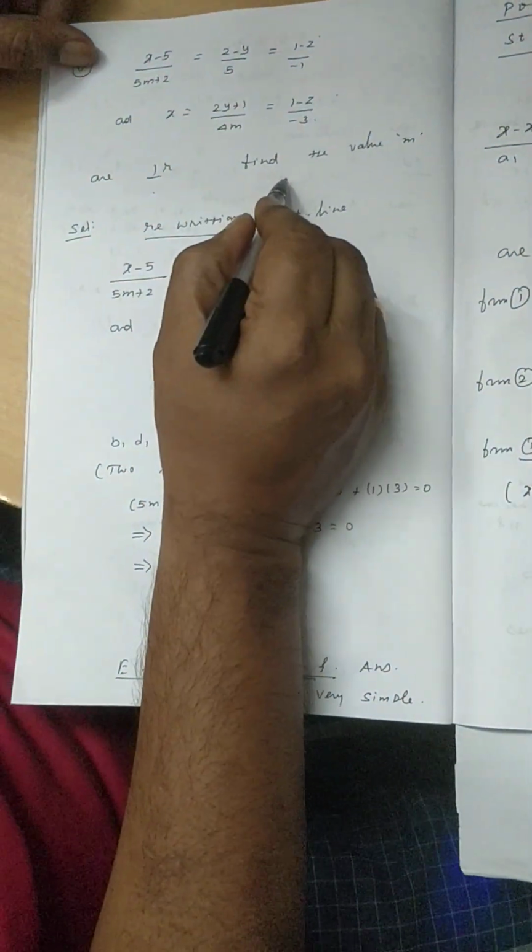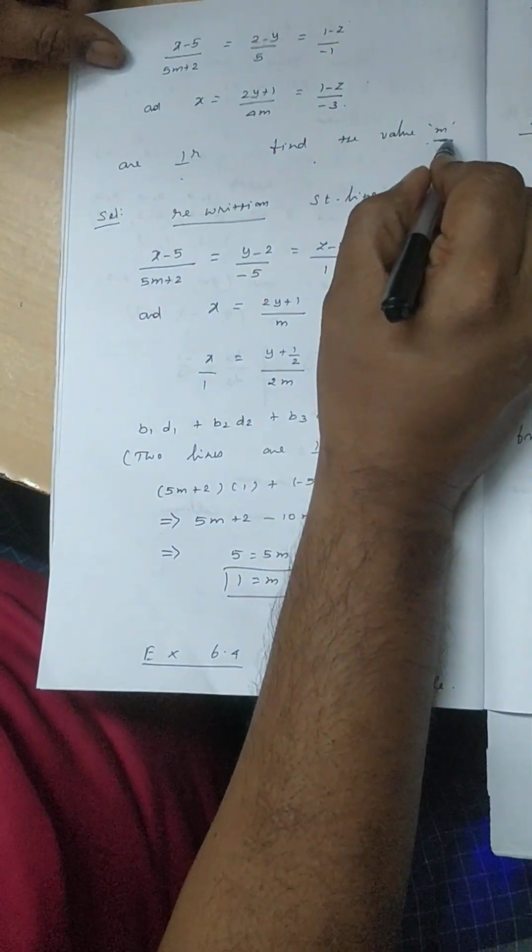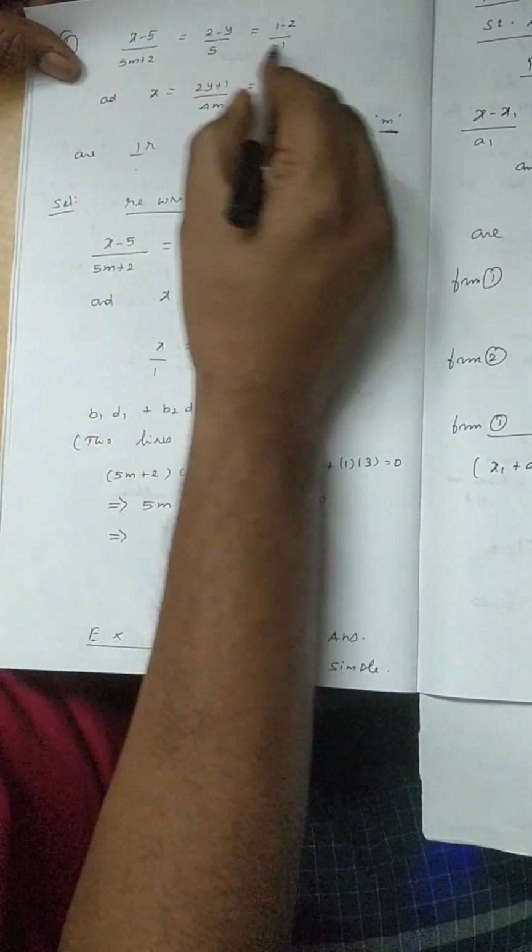Two lines are perpendicular. Find the value of m. So the equations of the two lines are rewritten.